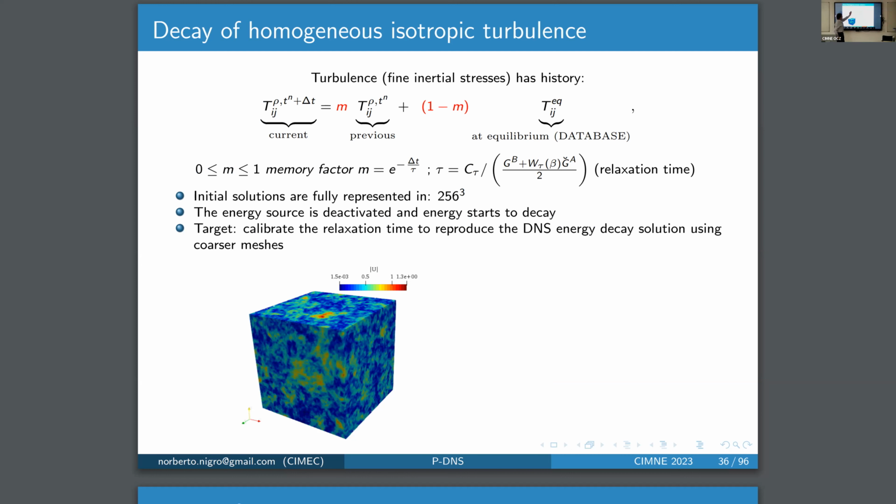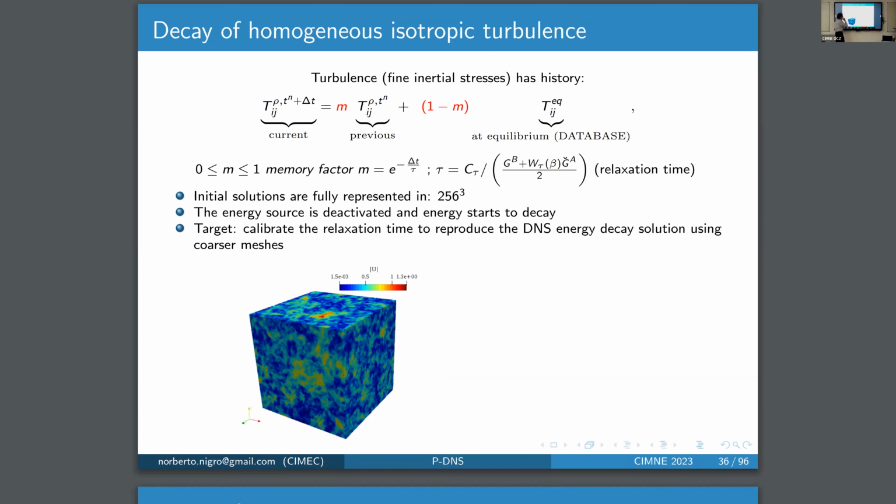So we combine the previous solution and the current equilibrium solution in some way with some factor m that is computed in this way. It is some sort of time relaxation and exponential decay with a certain time relaxation that should also be automatically obtained by the velocity gradient in the current state, the velocity gradient in the old state, and a factor that was tuned, was trained in order to get a good prediction of this tau or relaxation time.